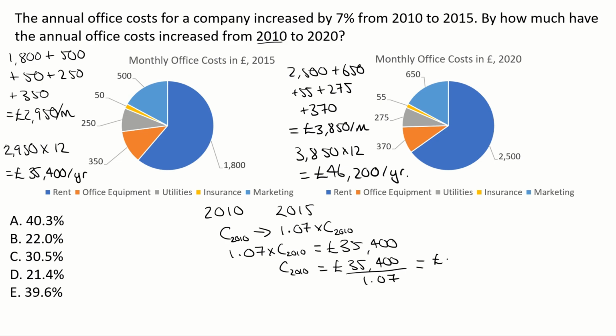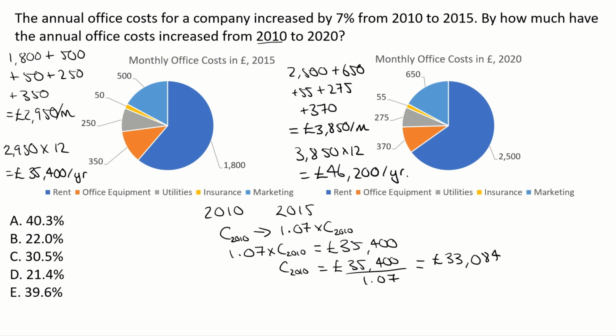And that gives us a value of £33,084. And we can check this. It's saying that the costs increased from 2010 to 2015. So our cost for 2010 needs to be smaller than our cost for 2015, which is correct. So we can be fairly sure that we've done that the correct way.